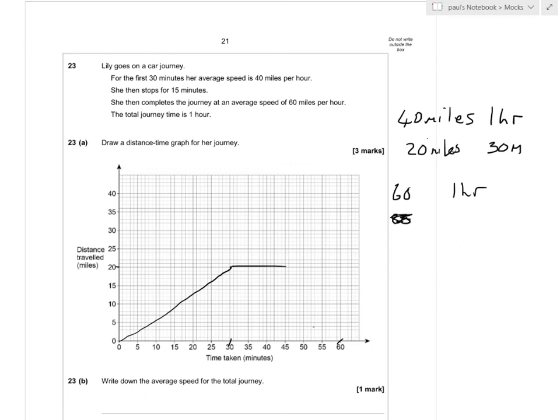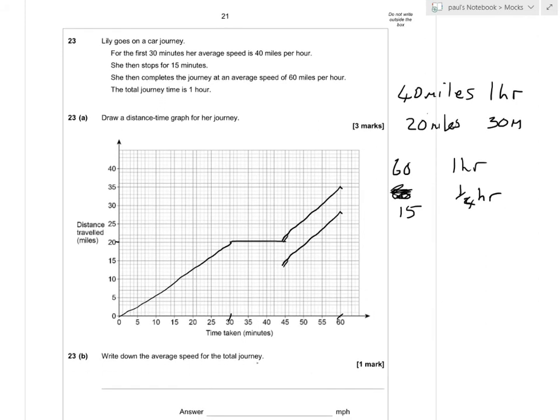We've got 15 minutes, which is a quarter of an hour. So in a quarter of an hour, she's going to go a quarter of that distance, which is 15. So it's going to go up to 35 by the time we get to the end there.